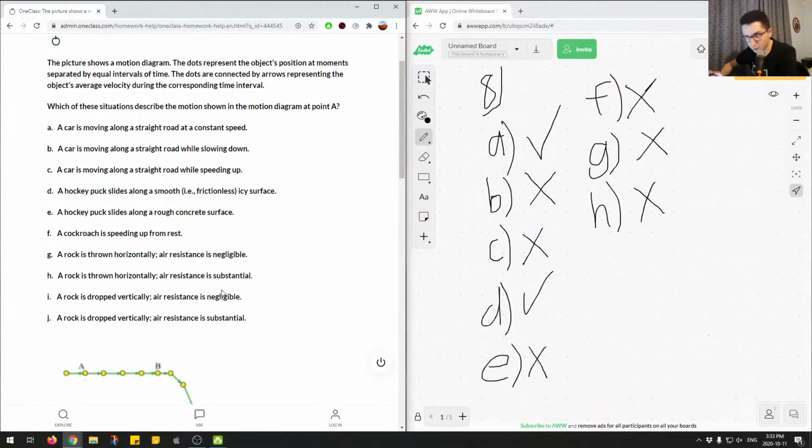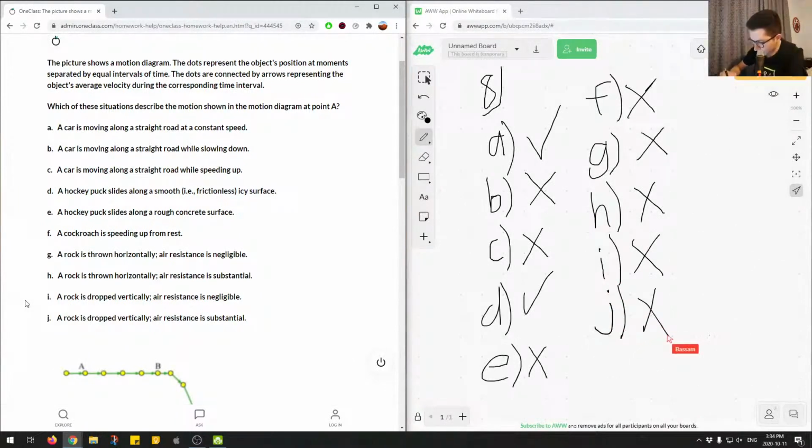Whether it's dropped vertically or thrown horizontally, the force of gravity and acceleration is always happening, regardless of which direction you drop the rock or throw the rock. So in all scenarios, G through J, they will always have that force of gravity. There's always going to be that acceleration downward. So they're all incorrect, and they don't have constant velocity, so we can't mark those as true. So I is incorrect, and J does not have constant velocity.